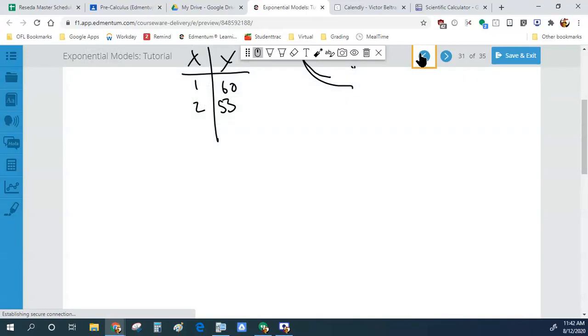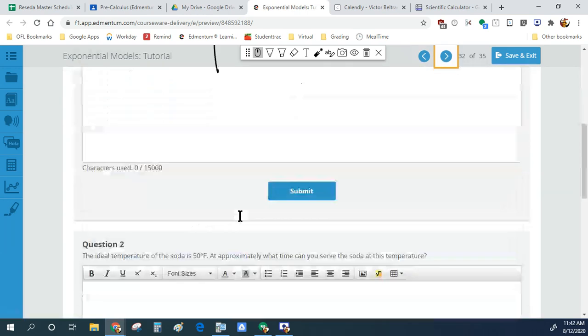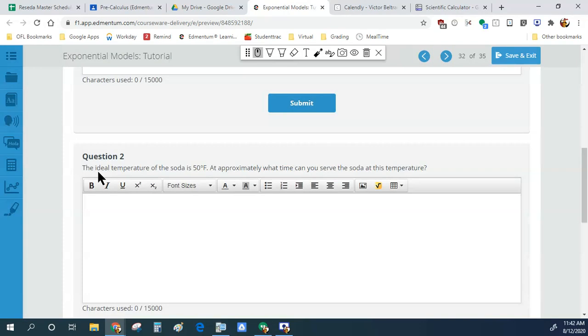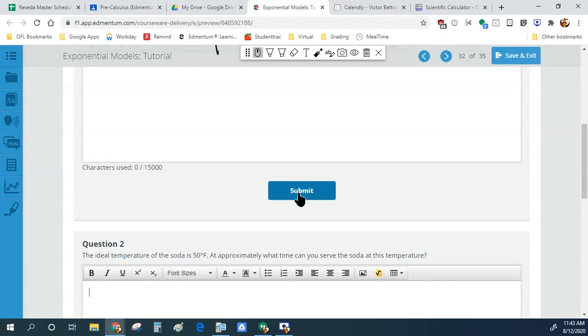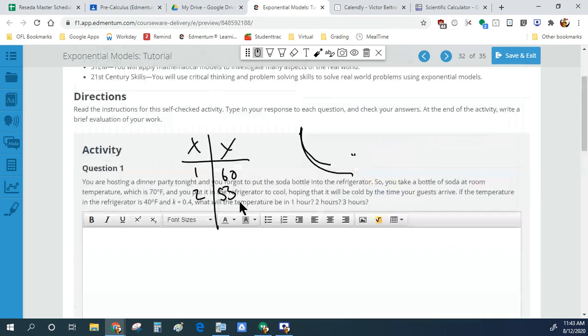I mean, go back and rewatch the YouTube video for what you missed. But we're using this formula right here. You'll see on the video what it means. So now it's like, what is the ideal temperature? The ideal temperature for soda is this. So what it's telling us now is at what time approximately will we reach this?